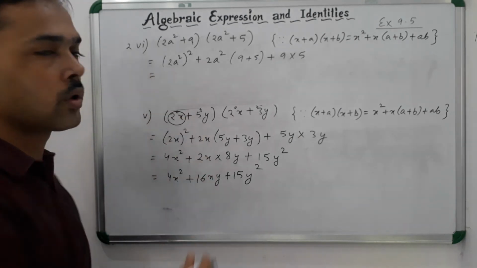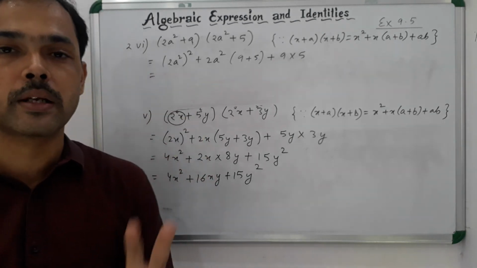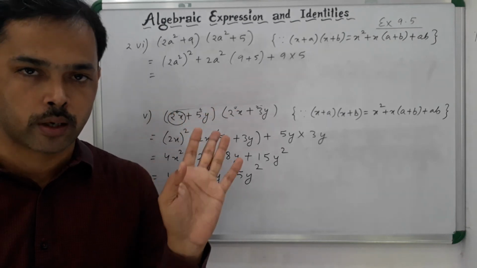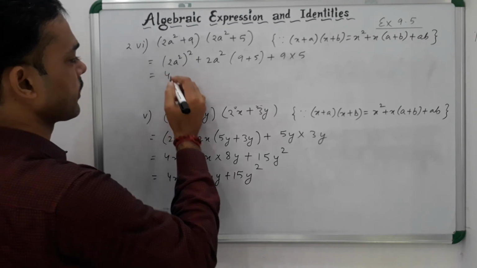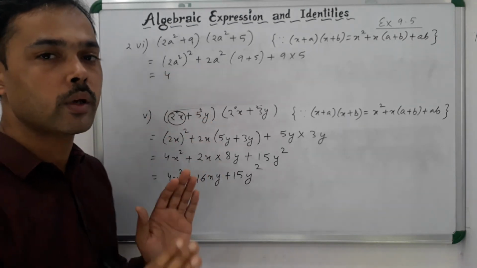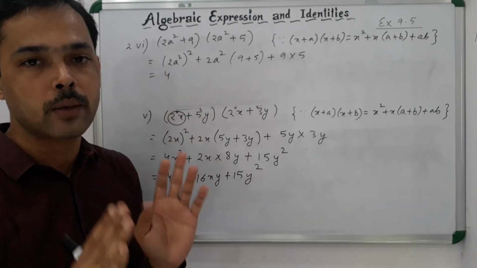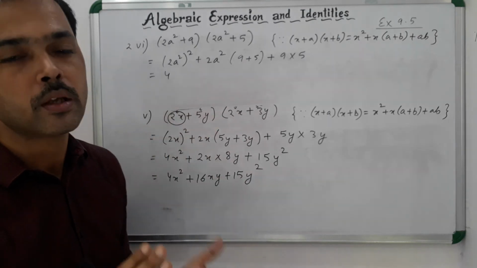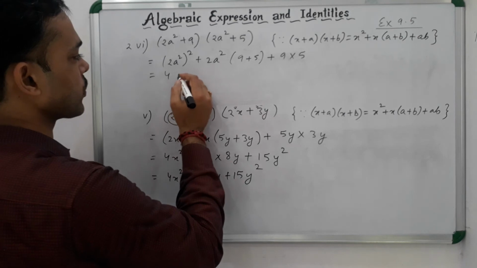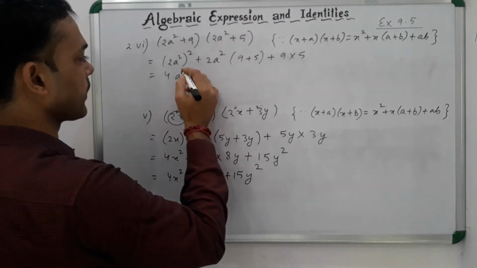Now 2a square whole square means 2 into 2 into a square into a square. 2 into 2 will be 4. And a square into a square, you know that whenever base is same, we add the exponents when it gets multiplied. So a square into a square, 2 plus 2 will be 4.